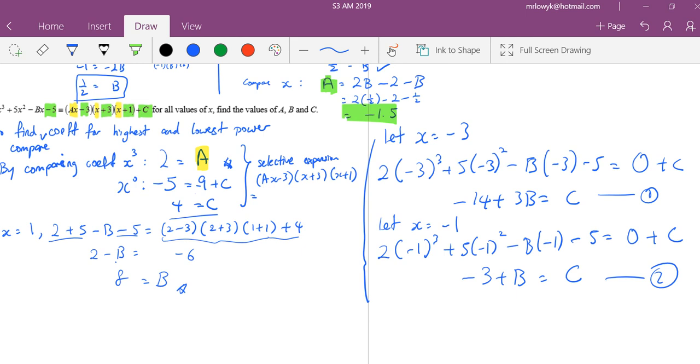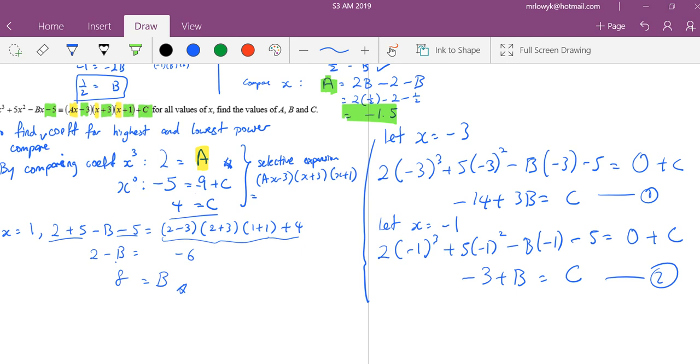Weird. Weird means the expansion is wrong. This one wrong, or this one wrong. Can you press the calculator and help me? First one, what's the answer?